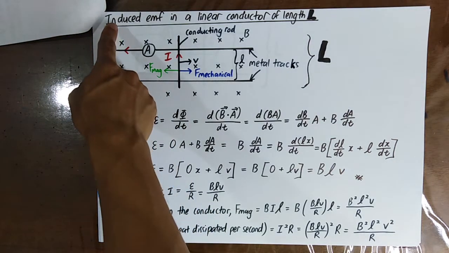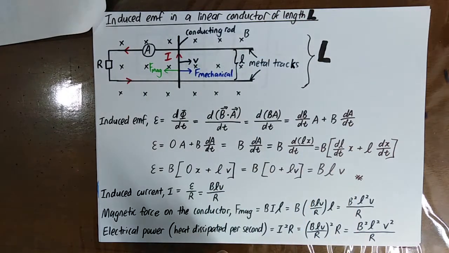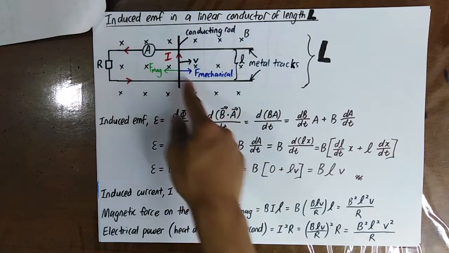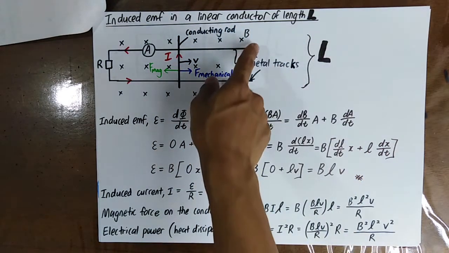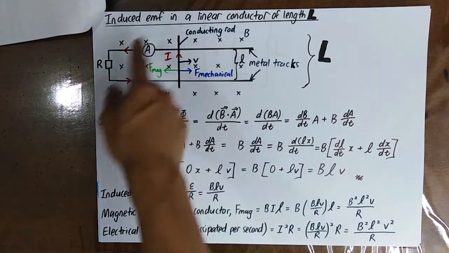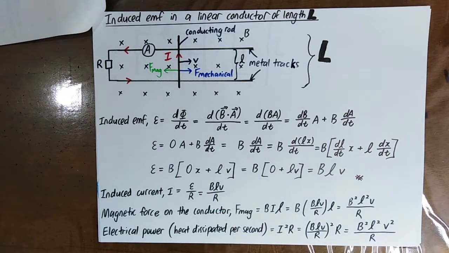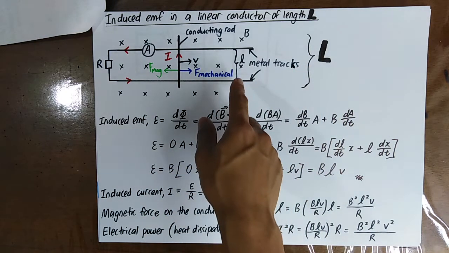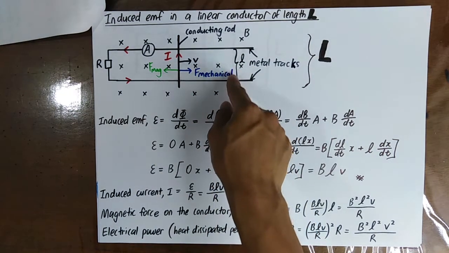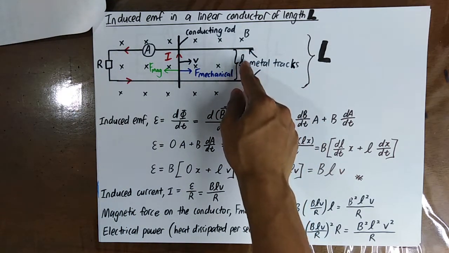Okay, so now we talk about the induced EMF in a linear conductor of length capital L. So this is the conducting rod, and the conducting rod has a length of capital L. Okay, so these are metal tracks, and in this case, we assume that the metal tracks are perfectly smooth. That is, we neglect the frictional force. So the distance between the parallel metal tracks is the small l.